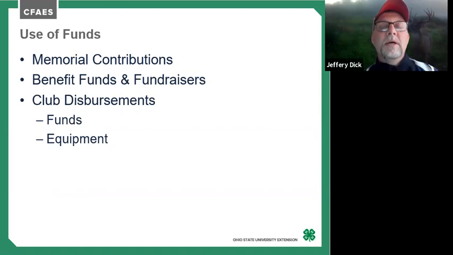Club disbursements, if a club would disband, we want to make sure that those funds are dispersed appropriately. Of course, because these are not-for-profit funds, the funds need to be distributed in a way that the Internal Revenue Service sees as appropriate. Normally, those would be either donated to another 4-H club or committee within the county, maybe possibly put towards the 4-H camp or the 4-H endowment fund.